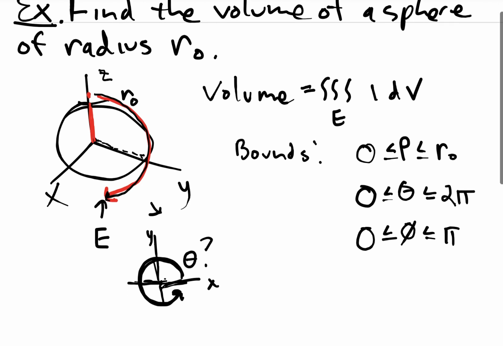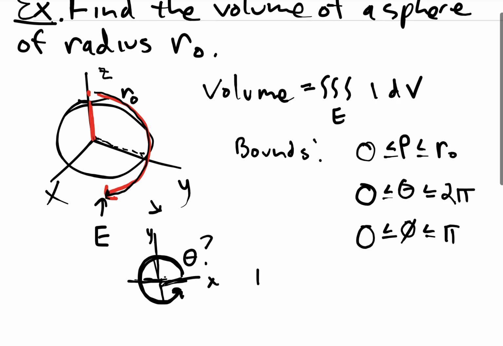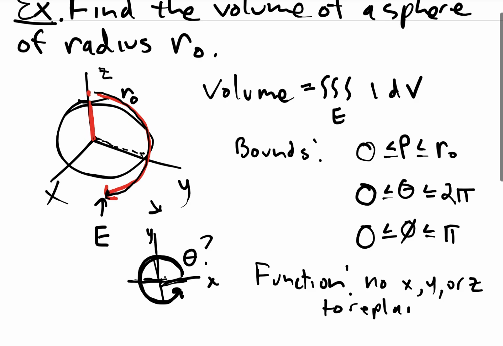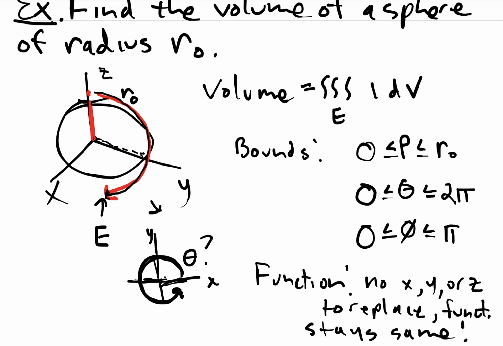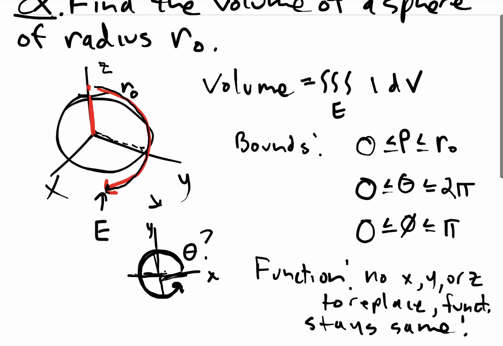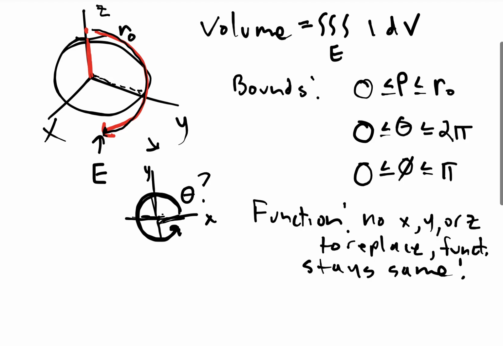Now, fixing the integrand. If I want to fix my function, I said anytime that you see x, y, or z, you have to replace them. In this case, this is a pretty simple example for spherical. There is no x, y, or z to replace. And if you do not see an x, y, or z to replace, your function stays the exact same. The final thing that I need to do is replace my differential.